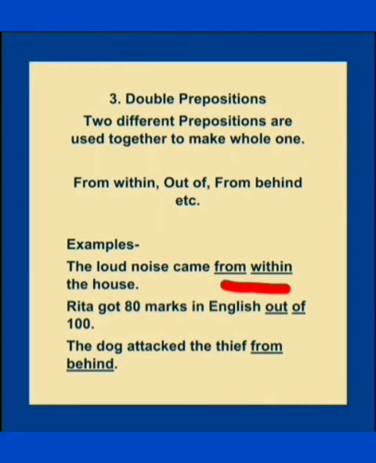This is a very common one because we usually say out of whenever we talk about marks. The dog attacked the thief from behind. So these are double prepositions where we use two prepositions but use them as one.